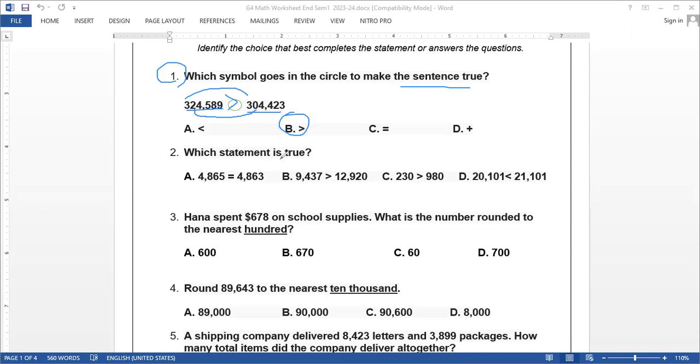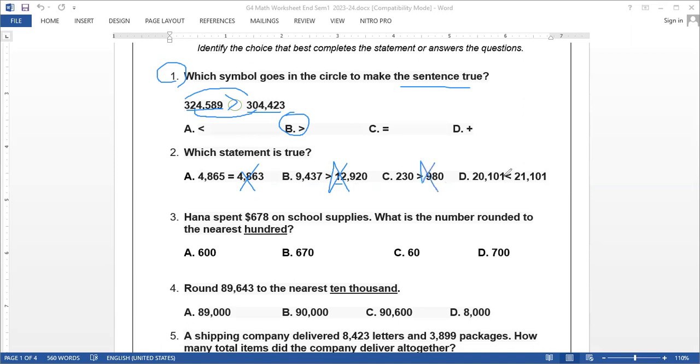Which statement is true? 4,865 equal 4,863. This is wrong. 9,437 is greater than 12,920. This is wrong. 230 is greater than 980.